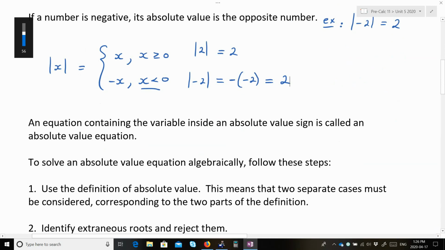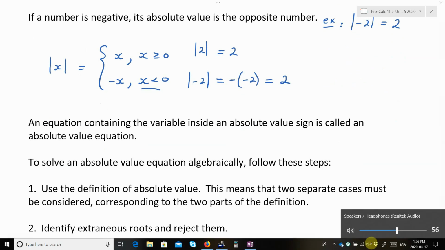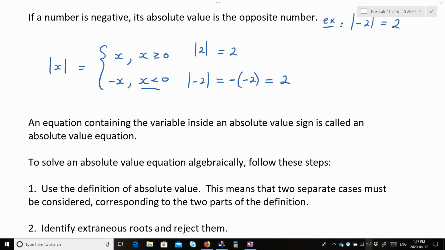An equation containing the variable or unknown inside an absolute value sign is called an absolute value equation. For example, it looks like this. The absolute value of x minus 2 is equal to 5. This is an absolute value equation.